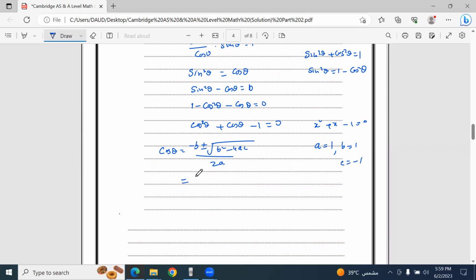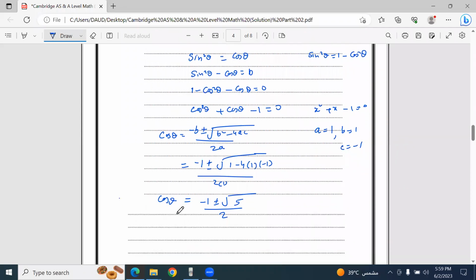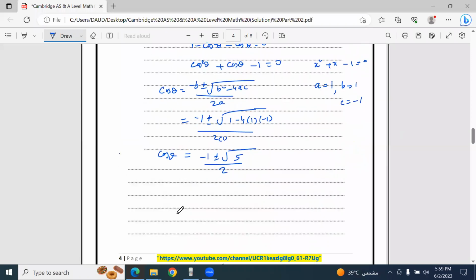So minus 1 plus or minus square root of 1 square minus 4 times 1 times minus 1, over 2 times 1. That gives us minus 1 plus or minus square root of 4 plus 1 over 2. So we will check the first, positive one: cos theta is equal to minus 1 plus square root of 5 over 2, which means theta is equal to cos inverse of minus 1 plus square root of 5 over 2.